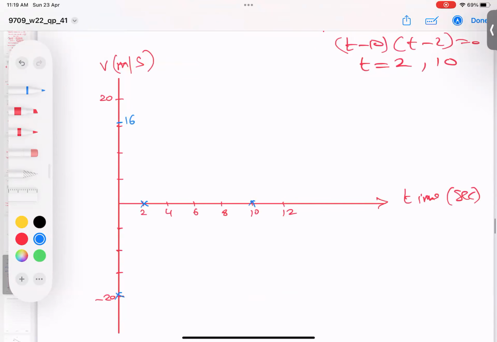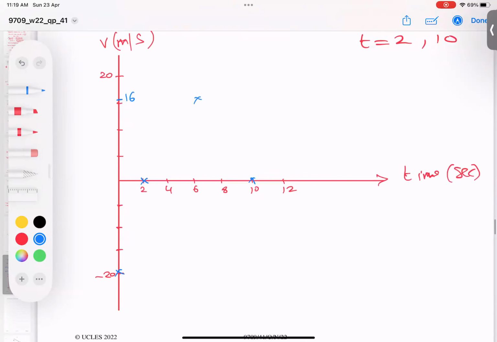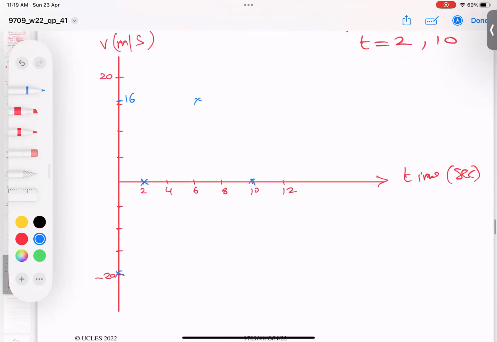And I think I can save my time at 6, 16. So I will mark it. And I think it is very clear. Only thing is left. It means I can, without any hesitation, make the graph like this. See, we're sketching, so not important to make it so accurate.